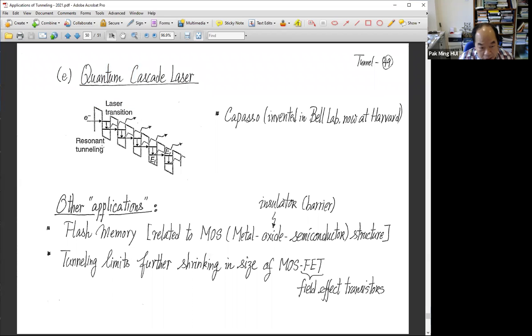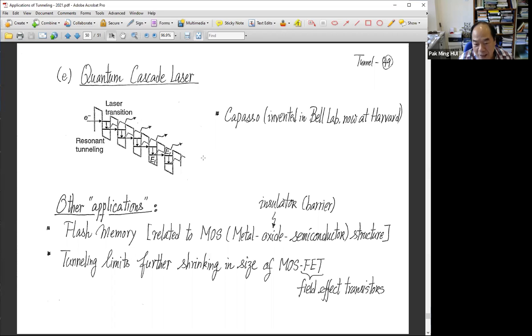He has multiple barriers, but he aligned the trapped electronic states in the barriers cleverly, so that the electron comes in, goes down here, tunnels through, is in the upper state, comes down, emits a photon, and tunnels through again. Every time it tunnels through, it is in the higher state of the next well. Okay, so it is rather clever.